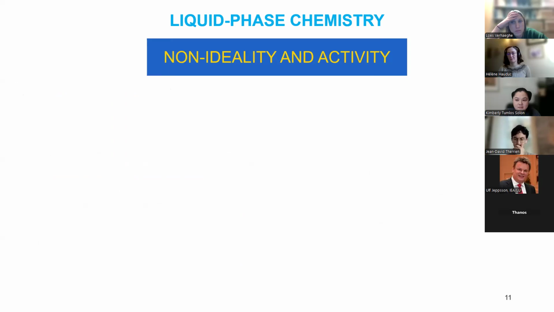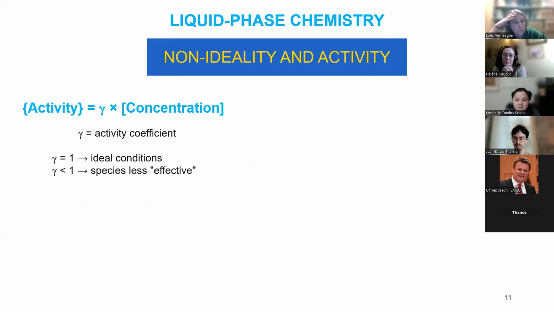Okay, going back to the activity concept. In real wastewater, we actually must use activities and not just concentrations. So what is activity? In formula, it's just gamma times the concentration, where gamma is the activity coefficient.